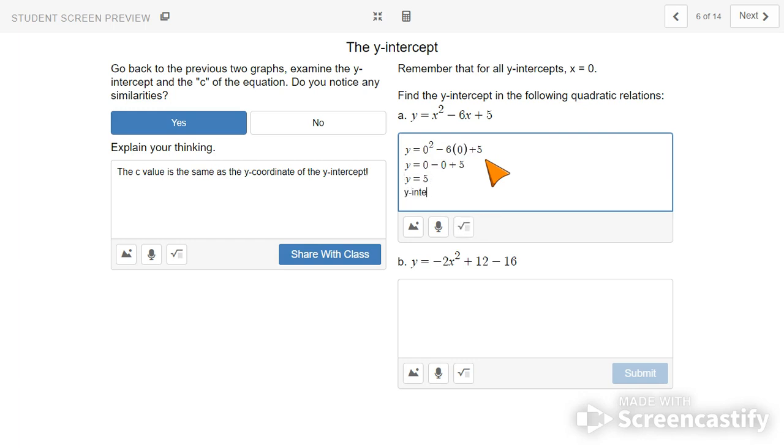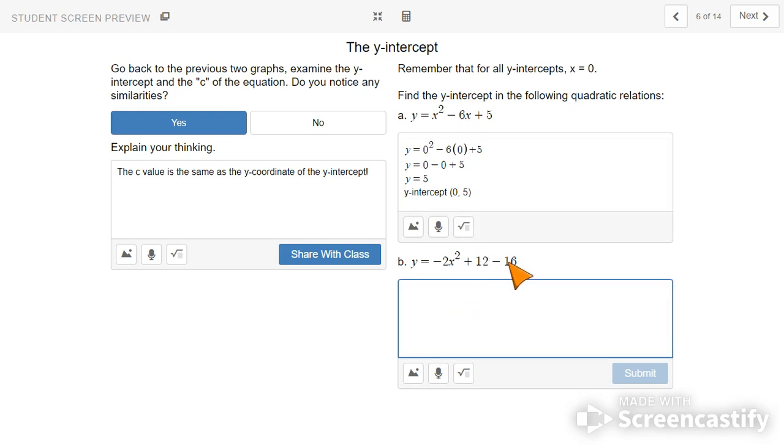So the y-intercept is 0, positive 5. It follows that the y-intercept is always going to be the c term because whenever we substitute 0 into a term that has an x, it's going to become 0.